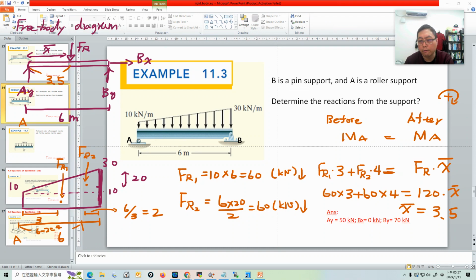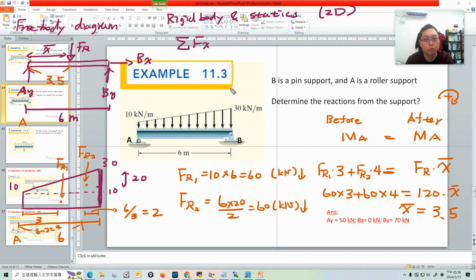For rigid body statics, I think this problem we can treat as a two-dimensional problem, because we ignore one dimension here.